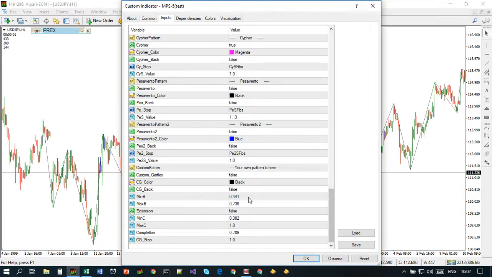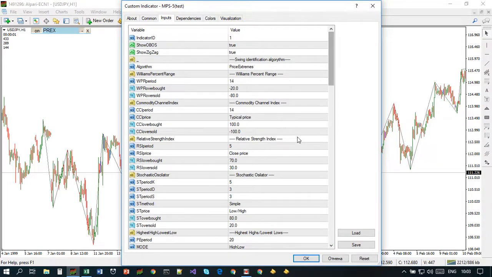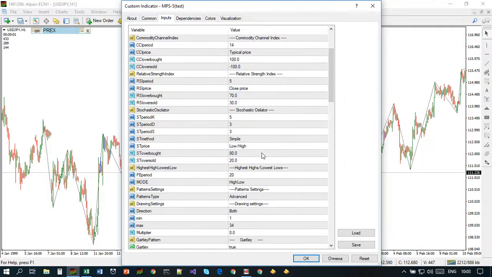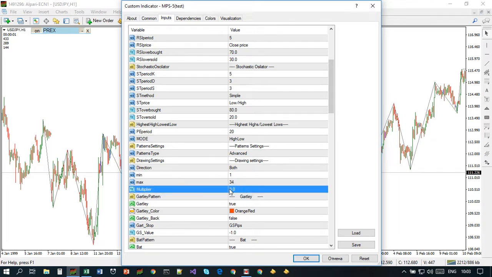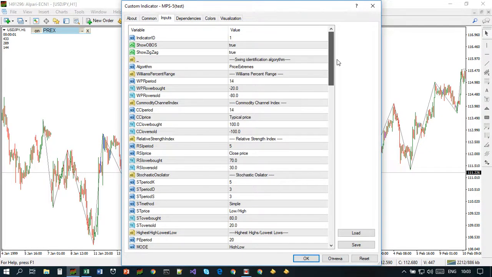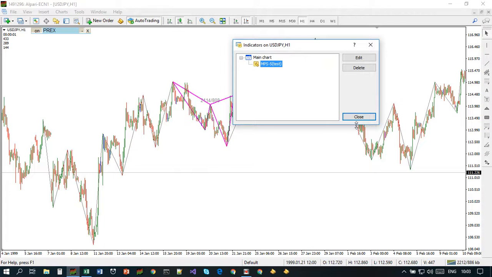So here are the settings for B, for C. For custom Gartley, the invalidation level is 1 and the invalidation level for cipher is 1 as well. It is the same as from yesterday's video, and the filter should be 0. No need to use the multiply 0.3 as usual, it should be 0. What else? Well, the rest is the same. Enable this zigzag to see if the movement is straight or not.